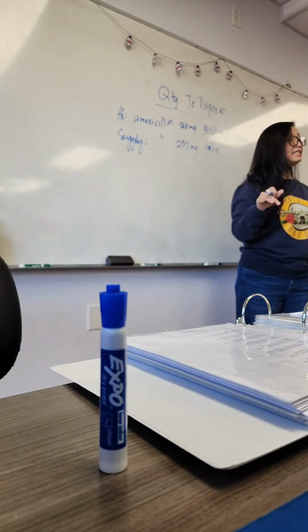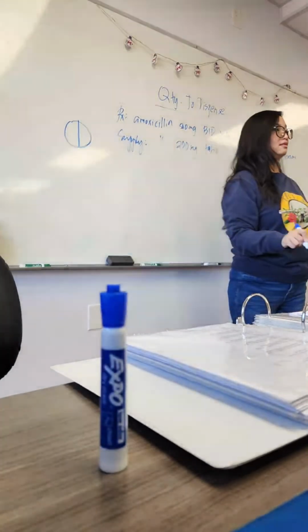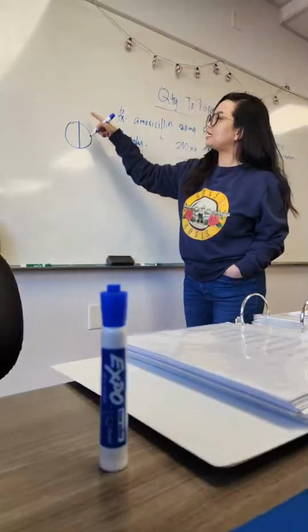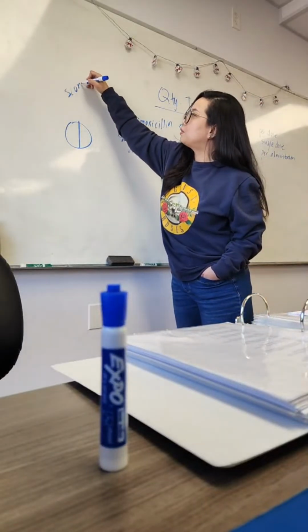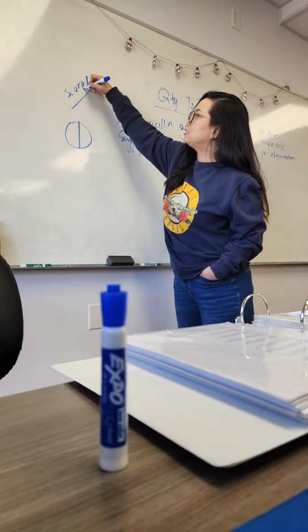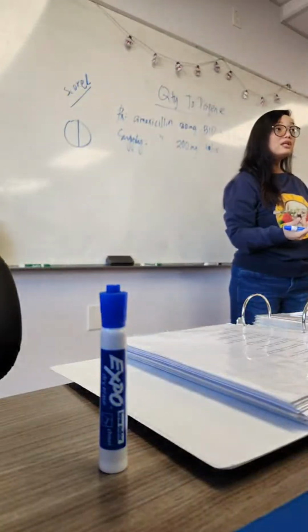Know that tablets can be cut. What do you call tablets that have this line at the middle? Scored. That shows up on the PTCE as well. It allows you to cut the tablets. We do have pill cutters.